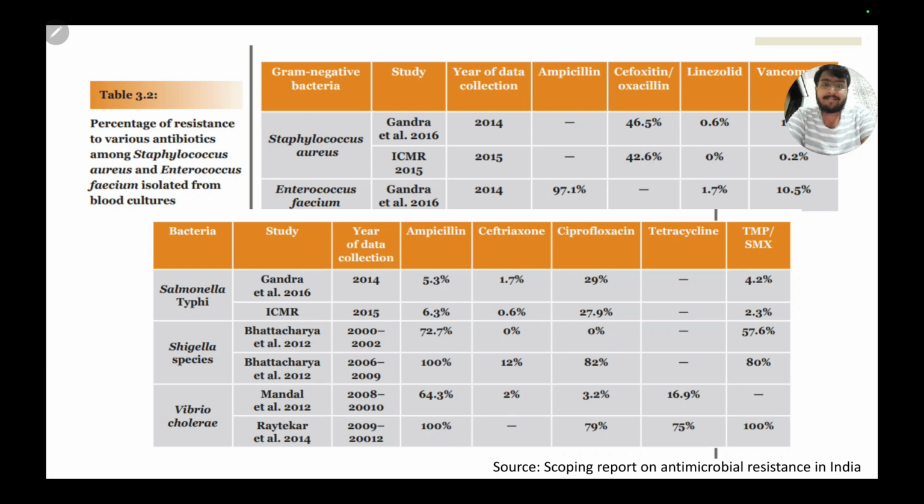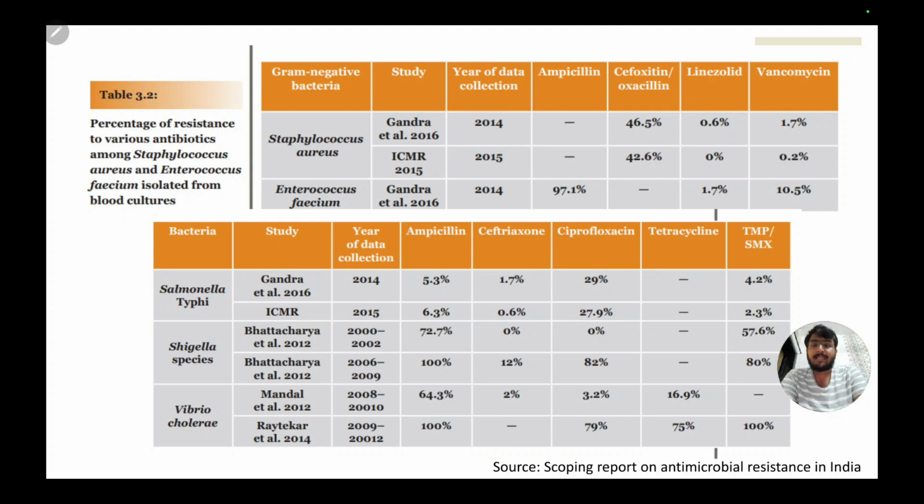This is again a statistical scenario wherein you can see on the upper half, it is about Staphylococcus aureus, which is a gram-positive organism, and Enterococcus, which is a gram-positive organism yet again. It is erroneously shown there as gram-negative, but both of them are gram-positive organisms. So here also you can see that the resistance rates with all listed antibiotics, if you see ampicillin, cefoxitin, linezolid or vancomycin, are on constant rise.